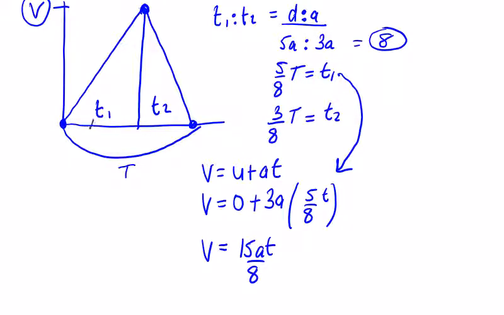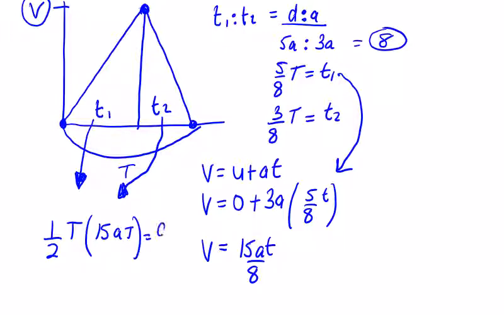So now I can get my area of both shapes at the same time. Half the base by the perpendicular height, which is 15at over 8, and I should leave it as a capital T here.